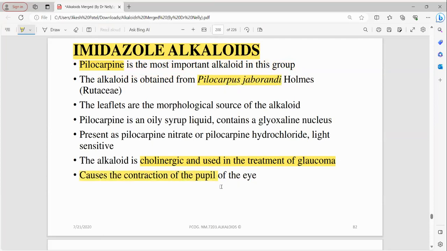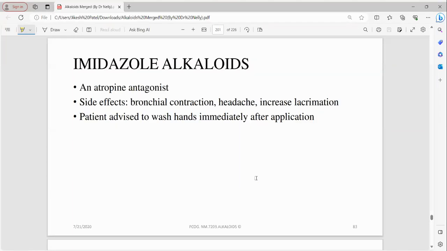Pilocarpine is a cholinergic used in treatment of glaucoma, and it causes contraction of the pupil in the eye. We already explained all this. Then atropine is an antagonist. In asthma we give antimuscarinics or anticholinergics, because pilocarpine will cause bronchial contraction.